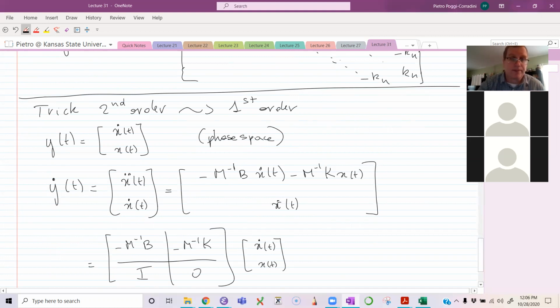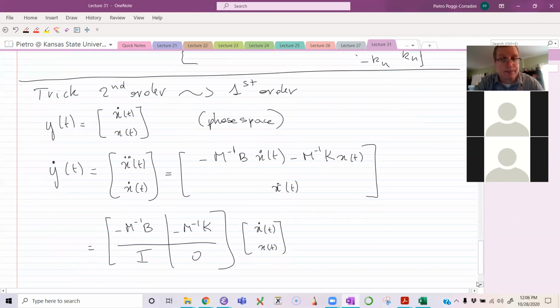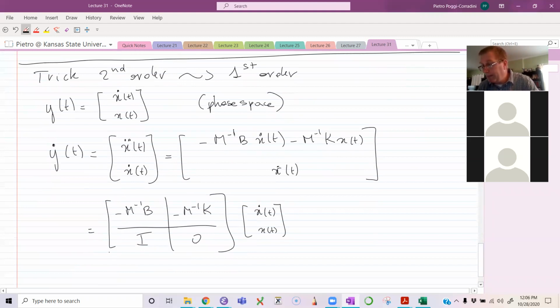So this is a 2n by 2n matrix. The blocks are n by n. And call it matrix A.